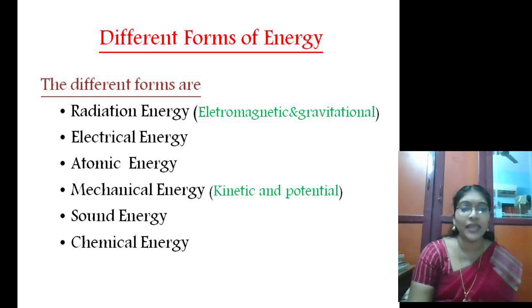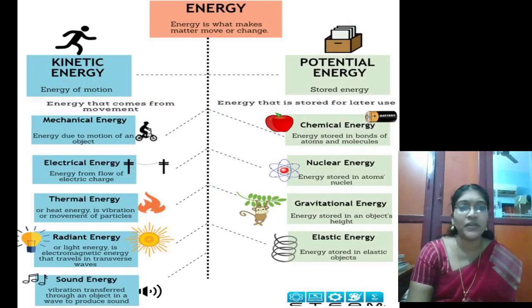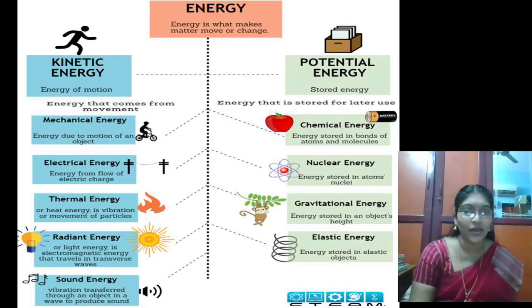And the mechanical energy is the energy produced by the mechanical work, and sound energy is the energy produced by the mechanical vibrations of the particles. And finally, the chemical energy is the energy produced by combustion reaction of chemical substances. So this picture actually gives a clear idea about the different forms of energy.